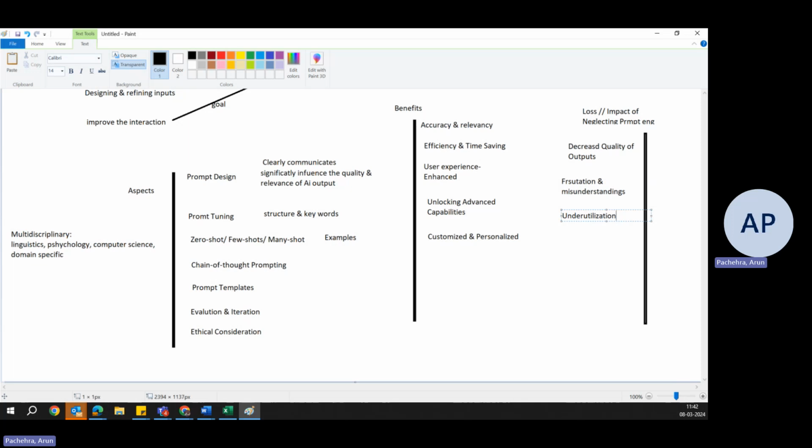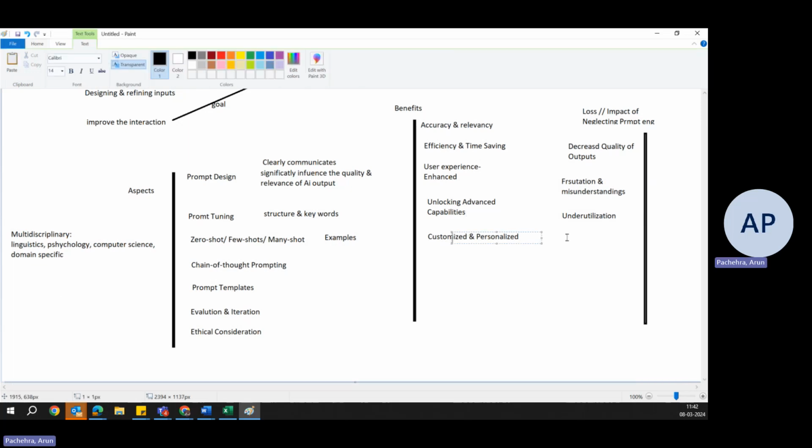So, underutilization of AI capabilities. Failing to apply prompt engineering principles means not fully exploiting the capabilities of advanced AI models. Users might only scratch the surface of what these technologies can offer, missing out on potentially transformative applications. For example, only asking an AI with advanced analytics capabilities for basic summaries, not leveraging its ability to provide trends, predictions, or deep insights, means missing out on valuable outputs.